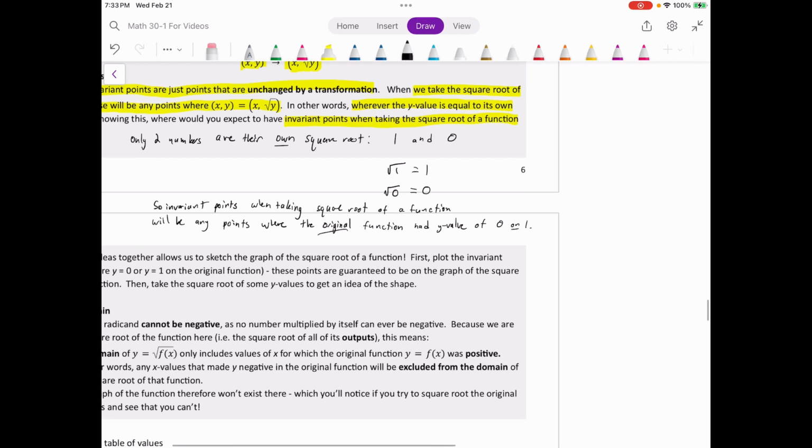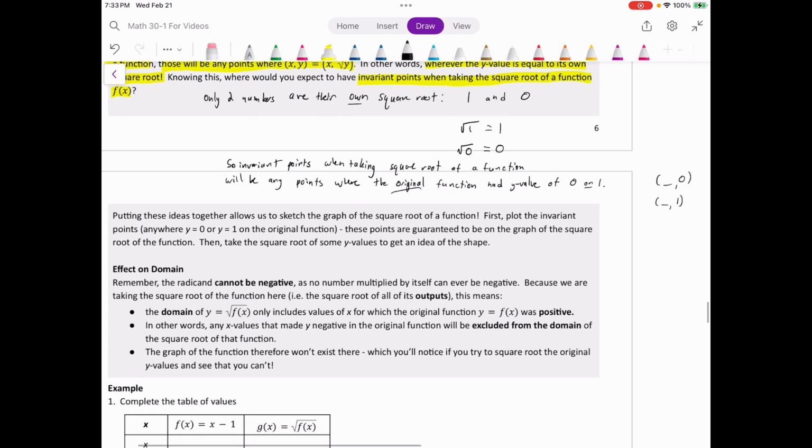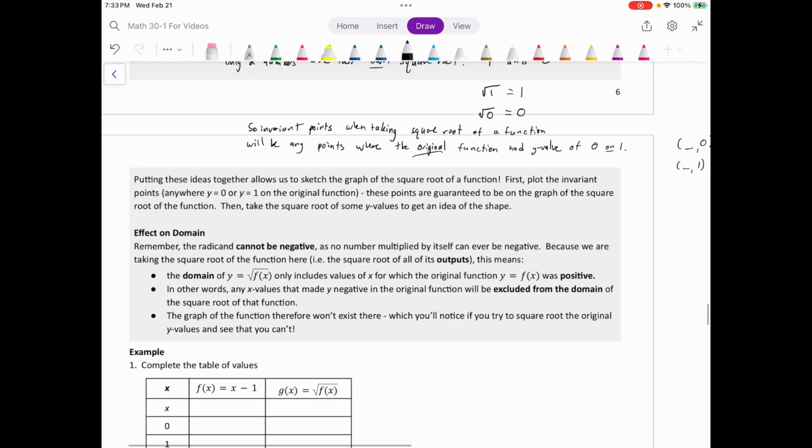Okay, so we're looking for points like this. Something, 0, or something, 1. If points like that are on our original function, they're not going to change when we take the square root of the function. Because again, we're just taking the square root of the y values. So y value 0, square root of 0 is still 0. Y value 1, square root of 1, still 1.